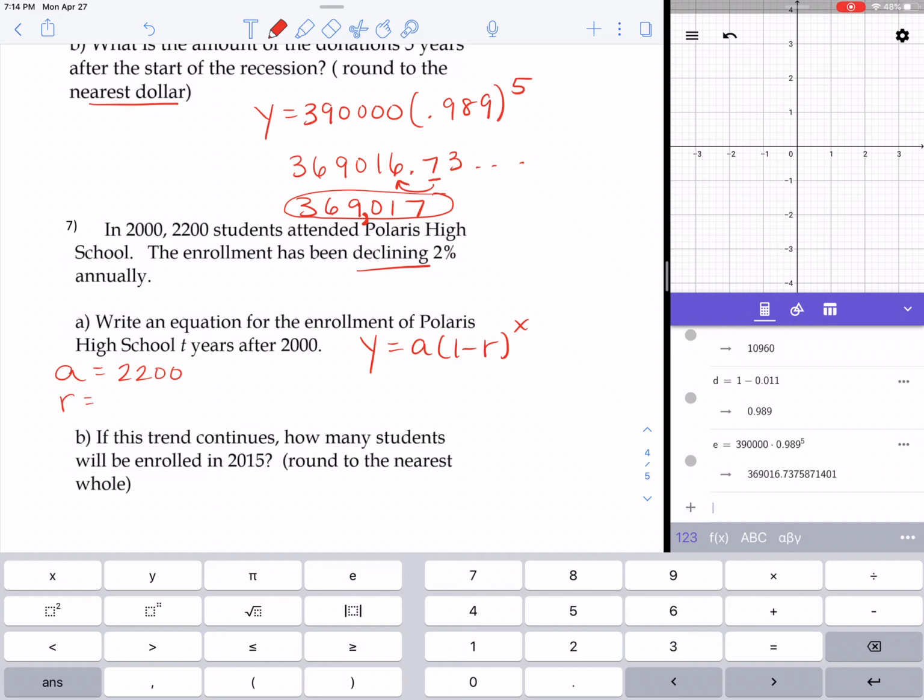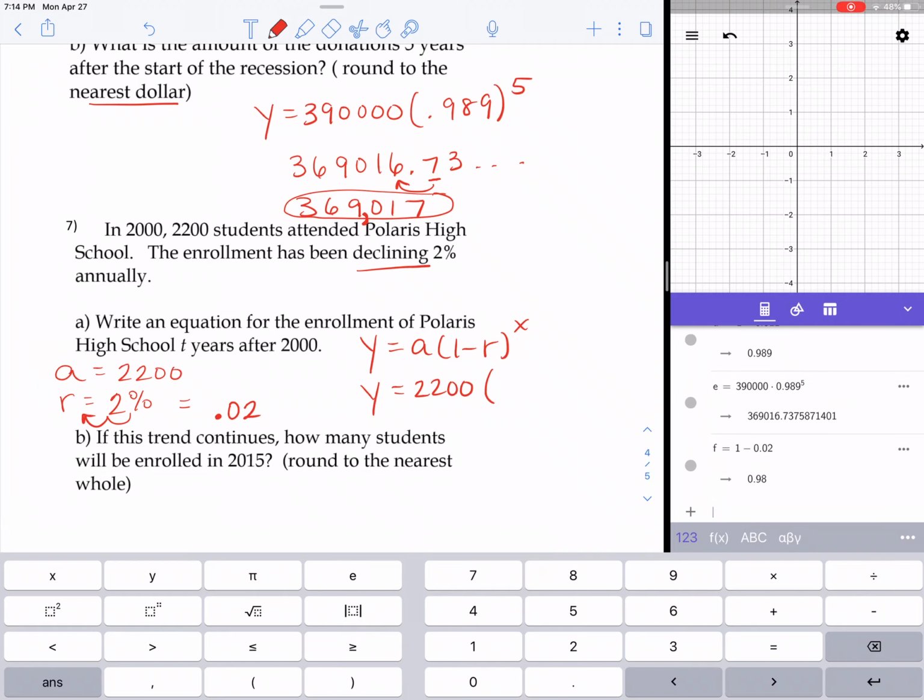The r, the rate at which it's declining, is 2%. So you have to be careful again when you change it to a percent. You're moving 2 places to the left, giving you 0.02. So you get y equals 2,200, parentheses, 1 minus 0.02, or 1 minus 2%. You're going to get 98%, or 0.98, to the x power.